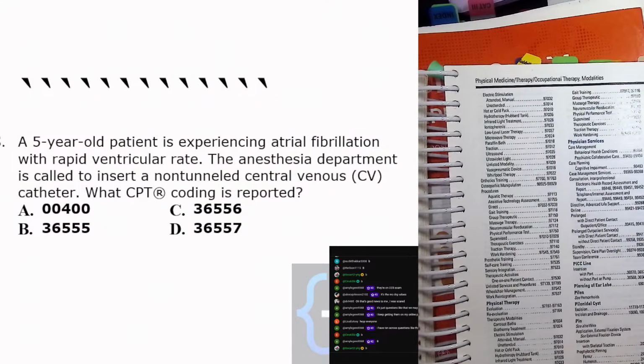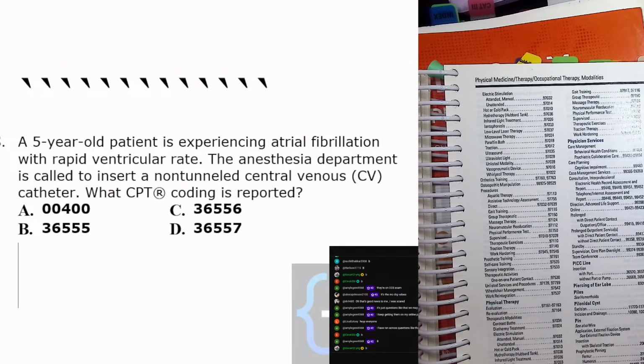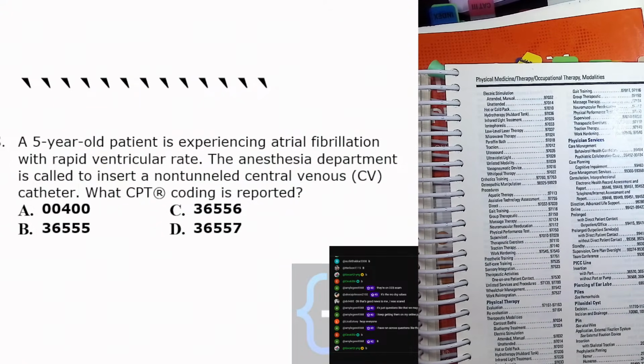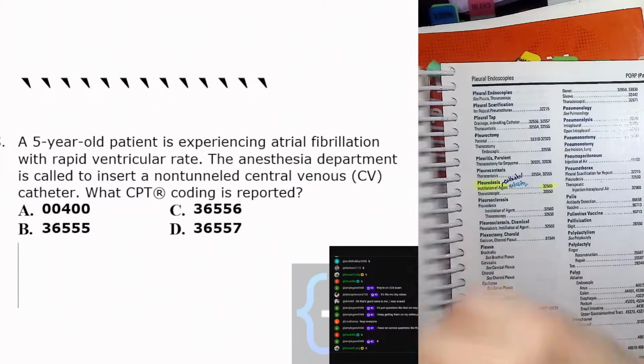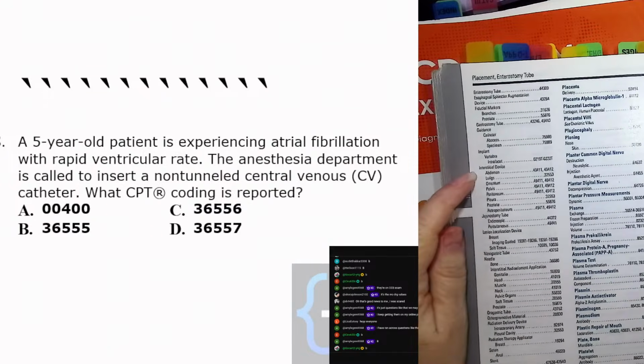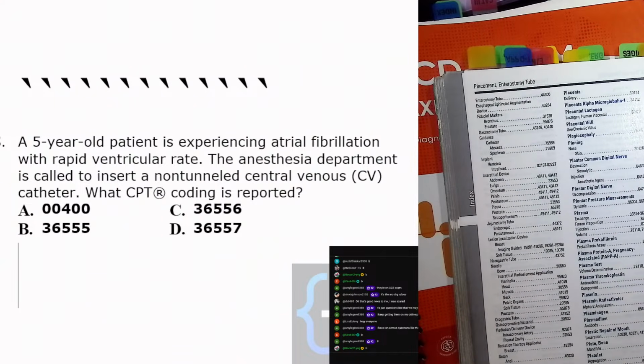We could go to placement, which is on page 1273, keep going, got a lot of options, insertion of a central non-tunneled line directs us to 36555 and 56.